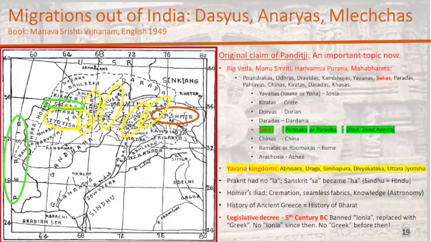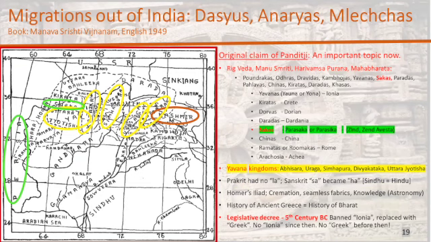Okay, so we were talking about the migrations out of India. So who were the people that migrated out of India? You see, most of Bharatavarsha in those times had kingdoms, and these kingdoms were ruled by Kshatriya kings who were devout and followed Vedic rituals.